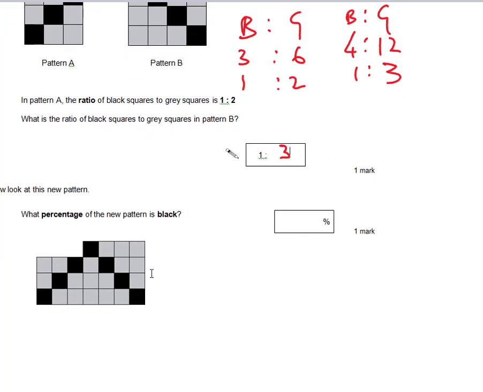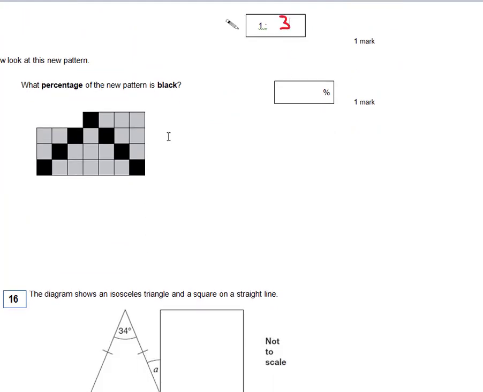Now this question was a percentage question, because then the question is saying what percentage of this pattern is black, right? So we're not comparing the black squares to the grey squares. We are looking at the number of black squares out of the total. So we've got 1, 2, 3, 4, 5, 6, 7.